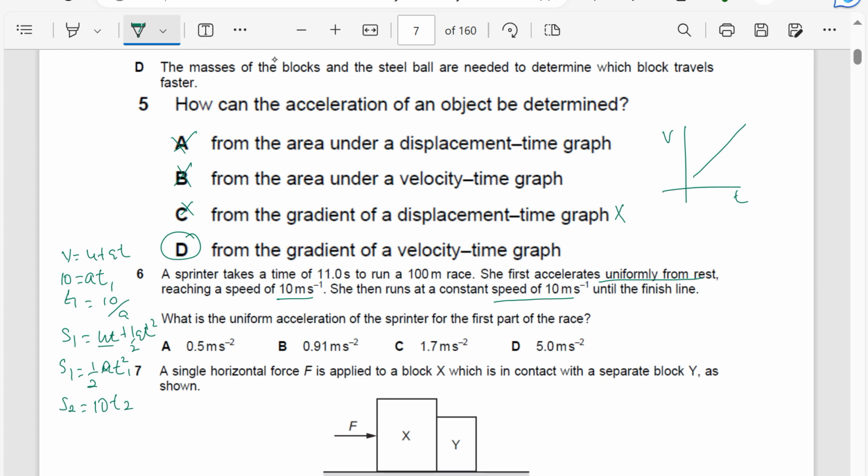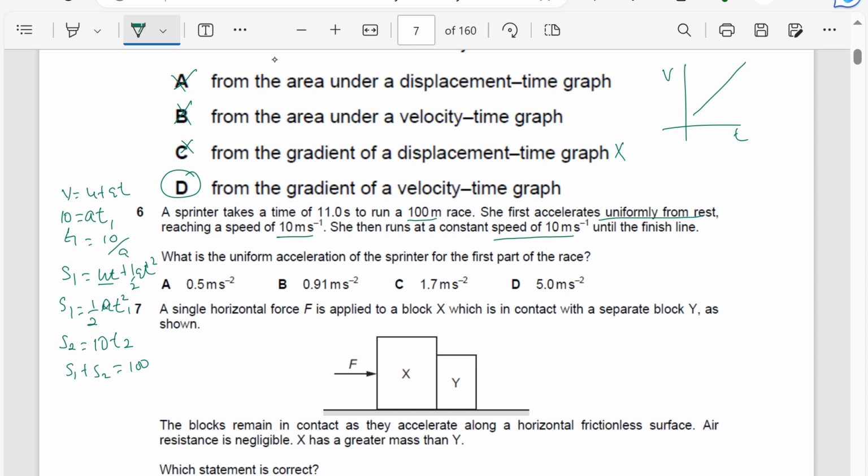But then I know that the total distance is 100 meters, and when I add the total time I should get 11.0 seconds. So I know that s1 plus s2 is 100, and I also know that t1 plus t2 is going to be 11.